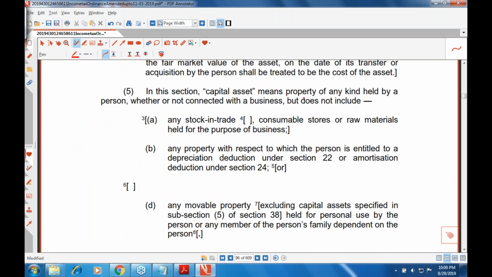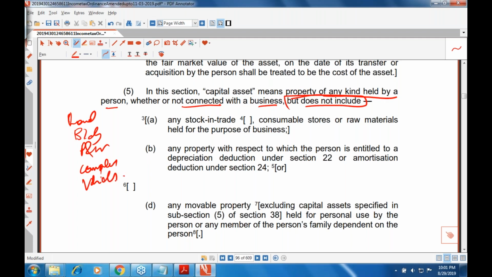It says capital asset means property of any kind held by a person, whether or not connected with a business, but does not include the following. Now, you've got land, buildings, plant and machinery, computers, vehicles. They are all considered to be capital assets, but there are a few things which need to be considered.